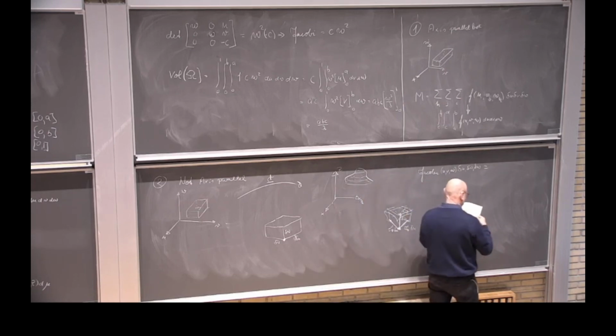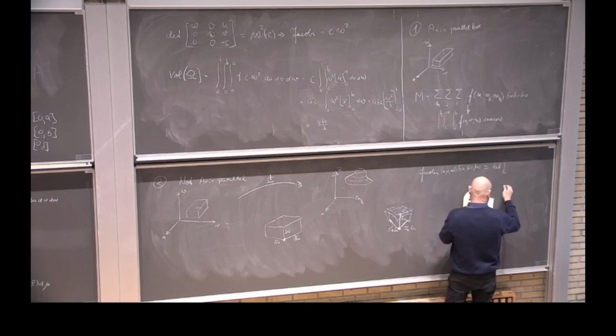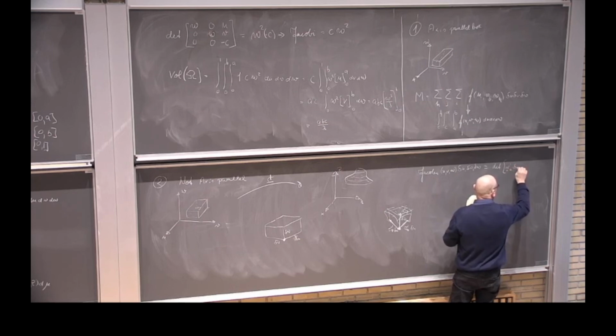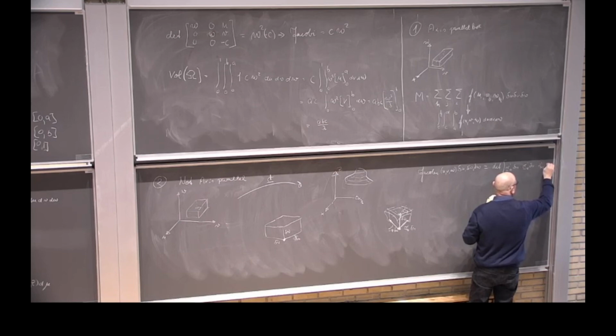So you get that this will be the determinant of R_U delta U, R_V delta V, and then R_W delta W.